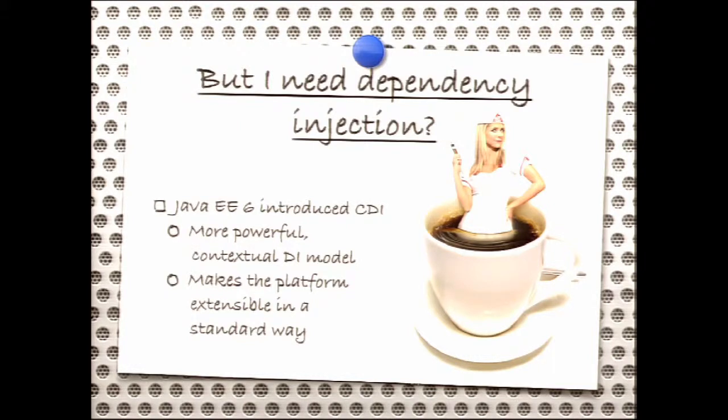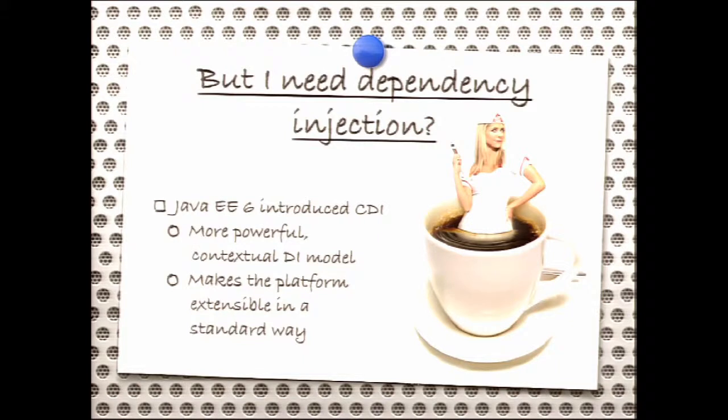It is a really powerful model because it does not only do dependency injection, but it also takes care of handling the state which is held in the context. So it injects something out of a session, or it injects something in your request, right? So it's not only dependency injection, but also contextual dependency injection.